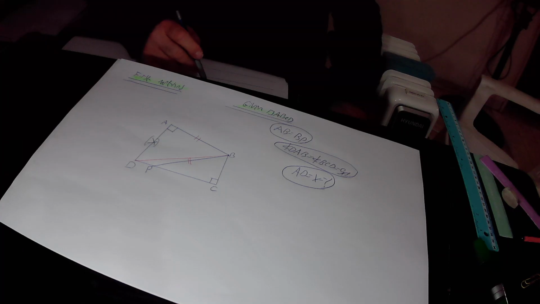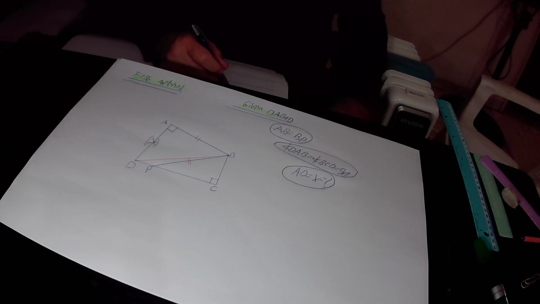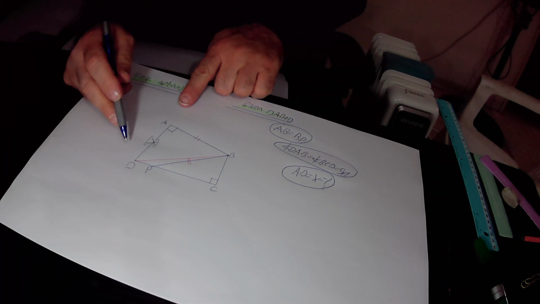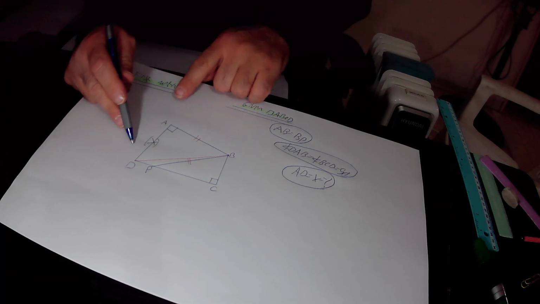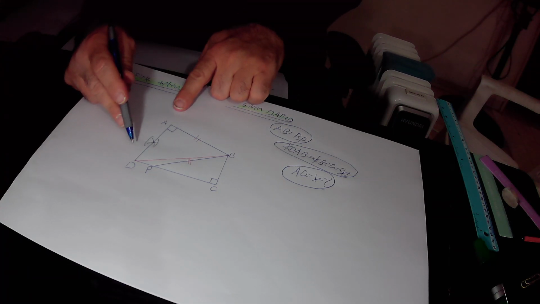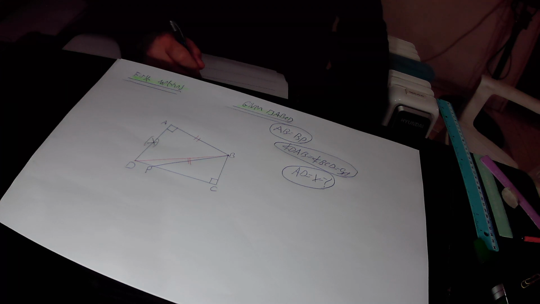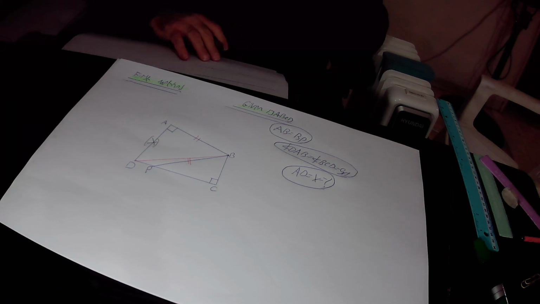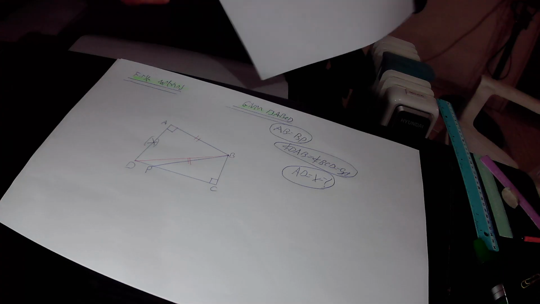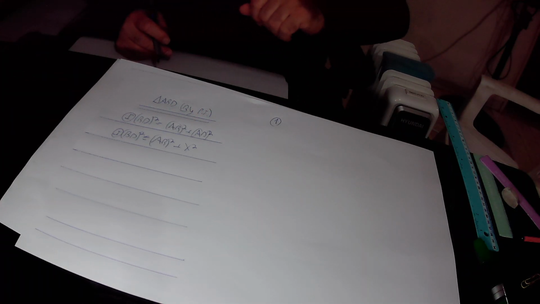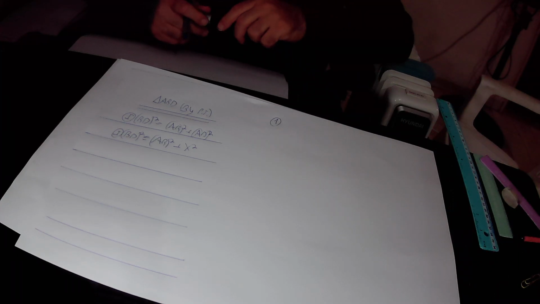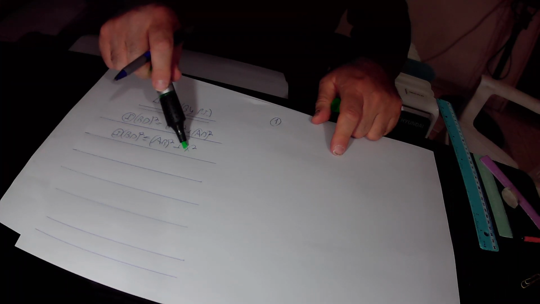AB is also the missing side, so we leave it as it is. Plus AD squared. AD is the line segment that we're looking for in this question. AD equals X, therefore AD squared equals X squared. So in total, according to equation 1, we should find out that BD squared equals AB squared plus X squared. This is according to equation 1.